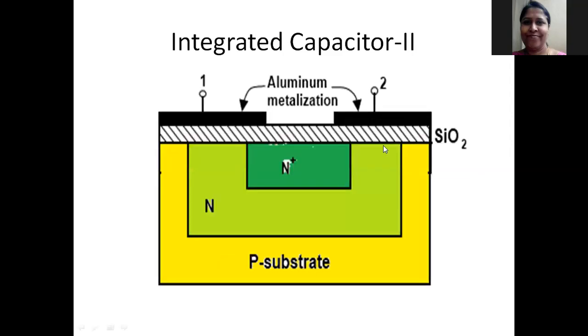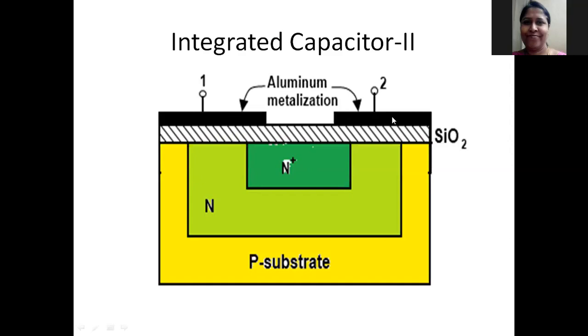In this case, we have multiple layers. Of course, this is the P substrate and N material grown by diffusion, and you have the SiO2 layer which is obtained with the help of oxidation, and then a metal layer which is covered on the surface.